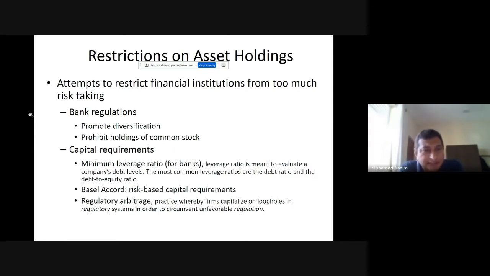Then also there's a concept in terms of capital requirements, which is called regulatory arbitrage. Okay, so this is actually where financial intermediaries try to capitalize on loopholes in the regulatory system, right? So to circumvent unfavorable regulation.